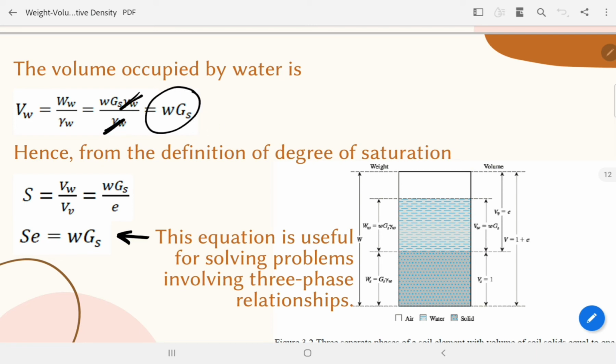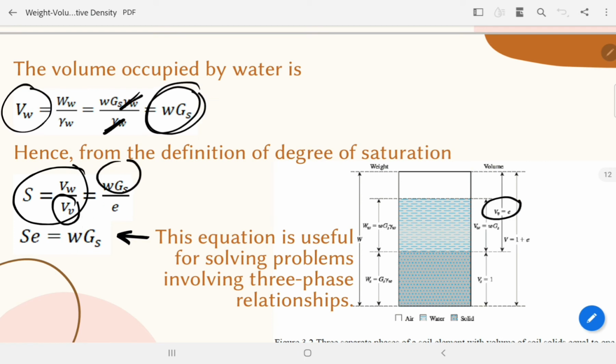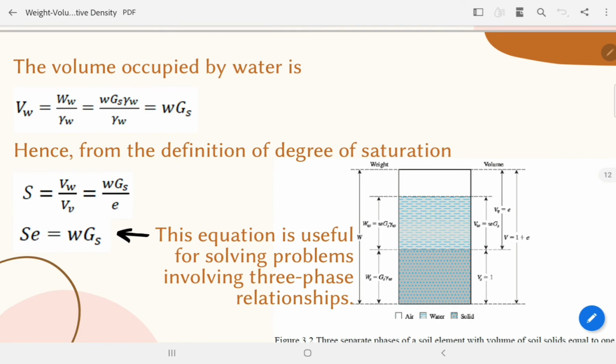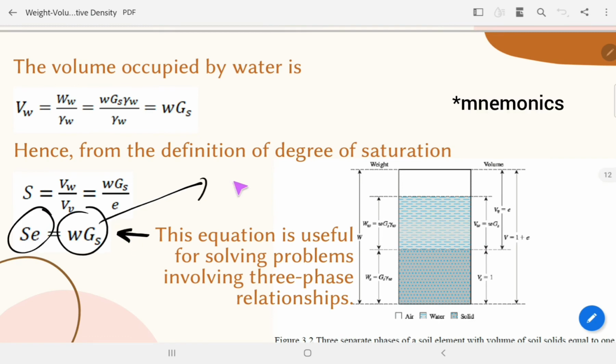Hence, from the definition of degree of saturation, we discussed that the degree of saturation is the volume of water all over the volume of the voids. So, since volume of water is omega GS and volume of voids is equal to e, therefore, from here, we can derive the equation Se is equal to omega GS. Actually, this one, may acronym siya eh.